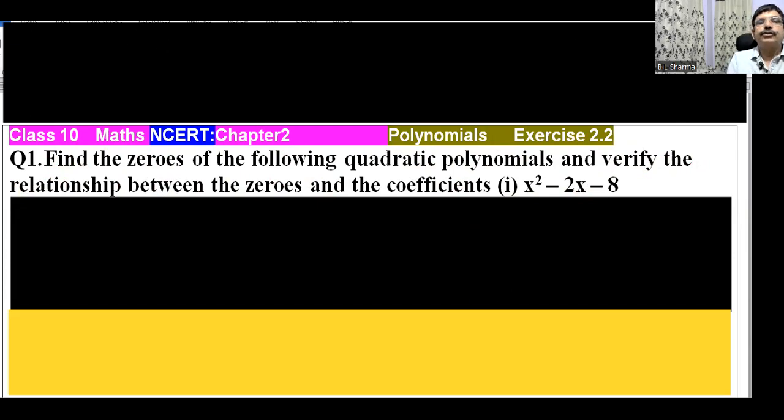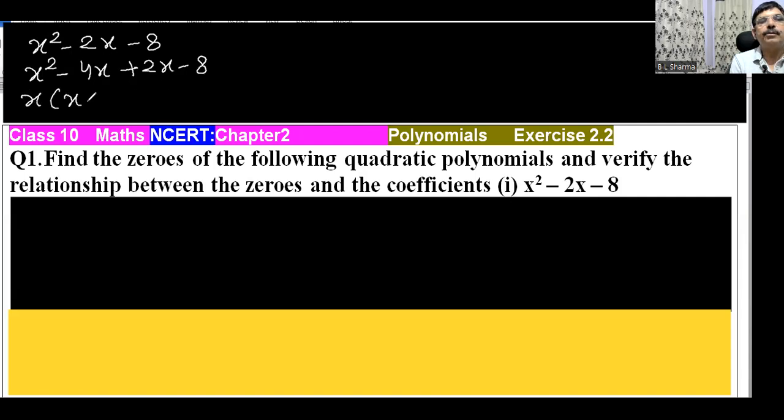First of all, we write the quadratic polynomial, x square minus 2x minus 8. We have to factorize it by the method of splitting the middle term. So x square minus 4x plus 2x minus 8.